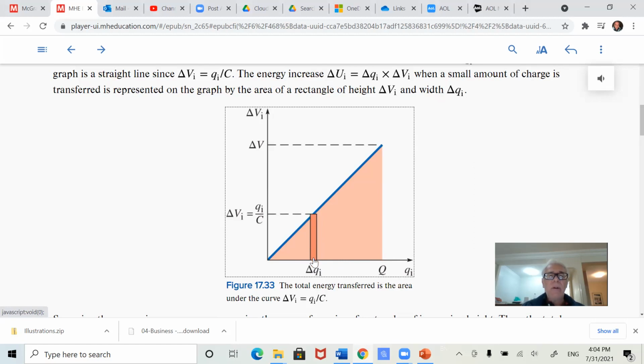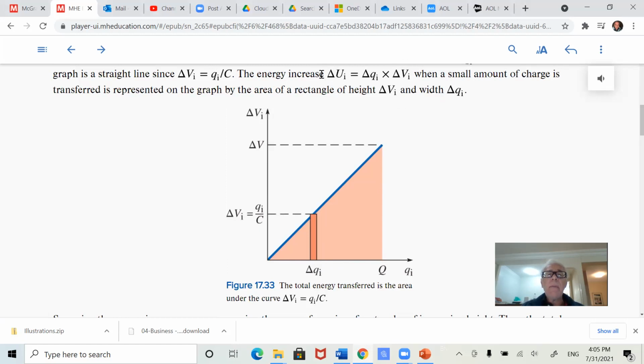The potential energy that you're creating is going to be delta Q times delta V. Remember that equation? Electric potential energy is Q times delta V, right? So that's exactly what we have. The infinitesimal increase in electric potential energy, just like your book says here, is equal to delta Q times delta V.